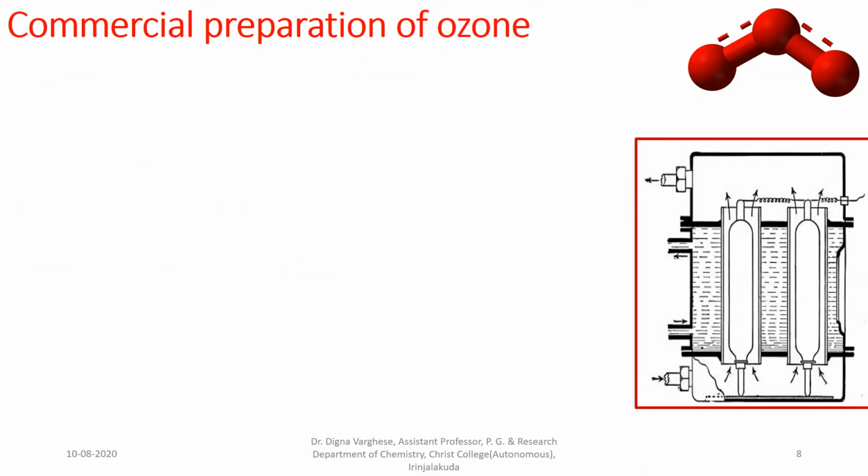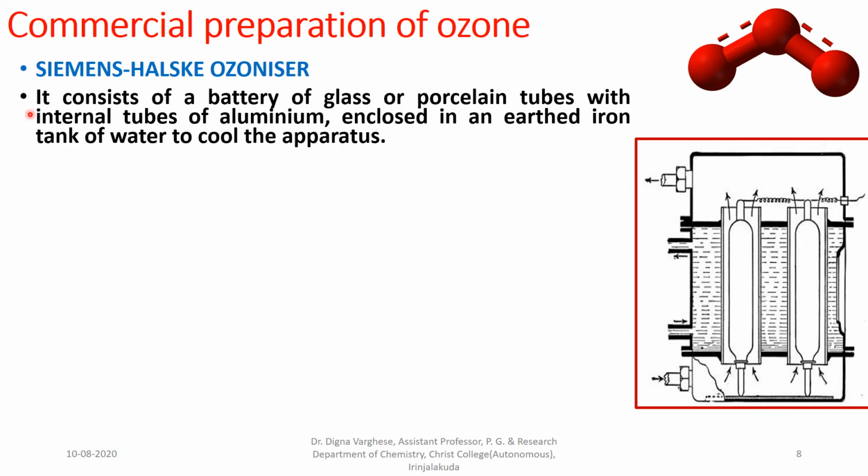Commercial preparation of ozone. For the typical conversion of oxygen into ozone, we use the Siemens-Halske ozonizer. This ozonizer consists of a battery of glass or porcelain tubes with internal tubes of aluminium, which is enclosed in an earthed iron tank of water to cool the apparatus.